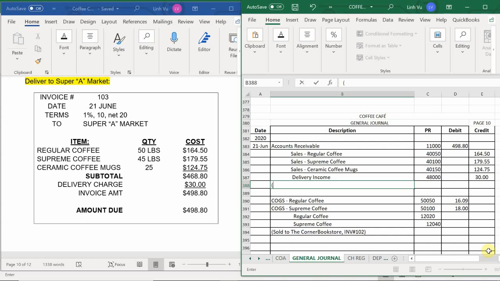So we sold to Super A Market. Okay, good. Invoice number 103. And then 1% net 20. Good.